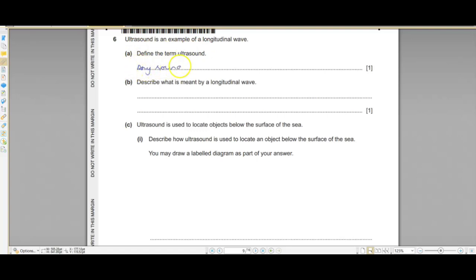So any sound with a frequency more than 20,000 hertz is described to be ultrasound. Okay.